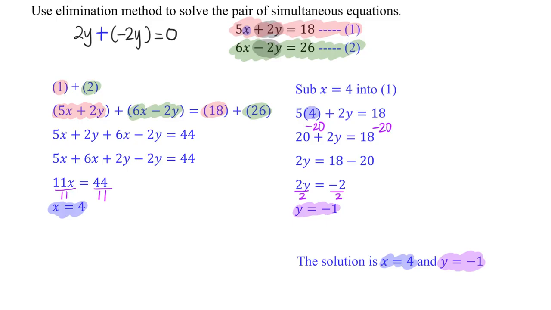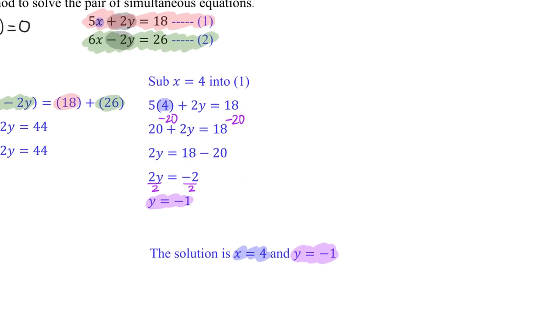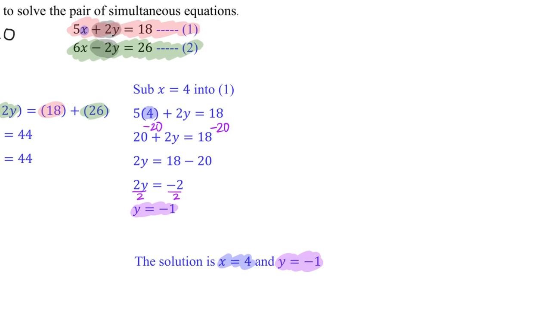To make sure that our answers are correct, I'm going to do a quick check. I'm going to substitute into equation 1. So 5, for this x, I'm not going to write as x anymore, I'm going to write it as 4.